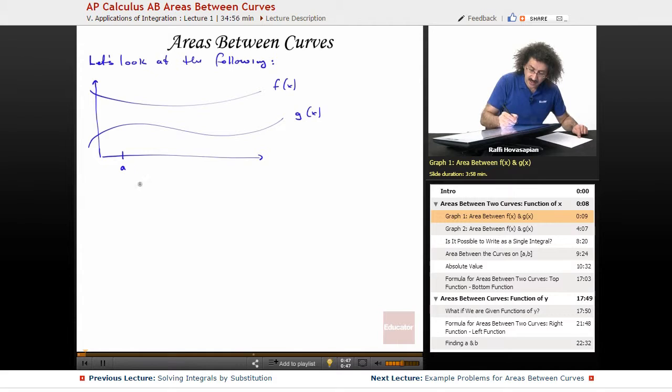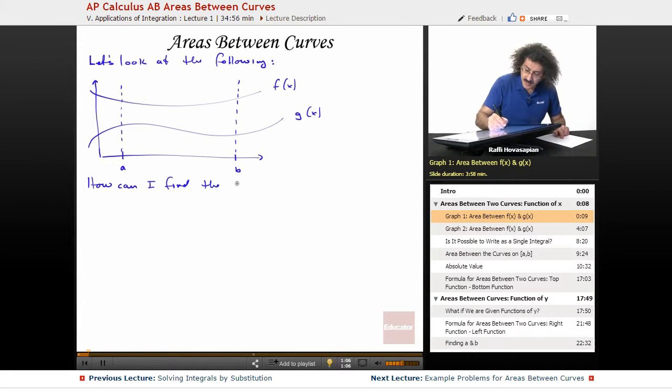Let's pick an interval from a to b. The question is, how can I find the area between f and g? How can I find this area right here?